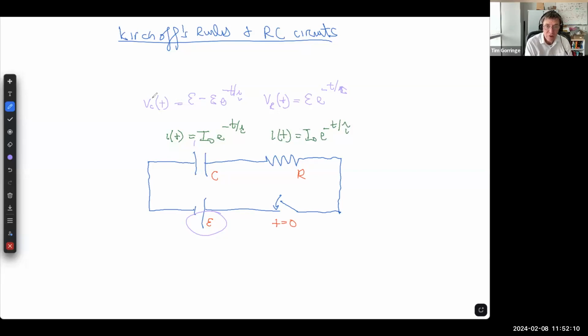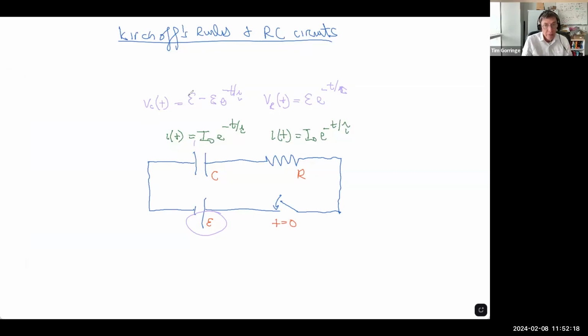The voltage across the capacitor goes to the battery EMF, epsilon. And so those are the two extremes. Between the moment you shut the switch and times much greater than the time constant, both the capacitor and the resistor have a share of the voltage, and the share is determined by this pair of equations here.